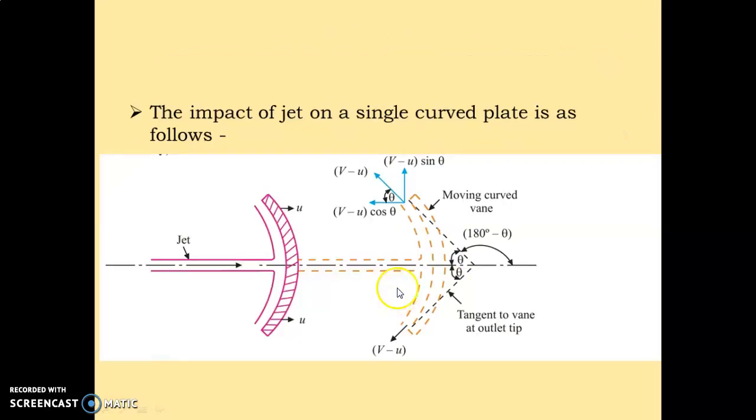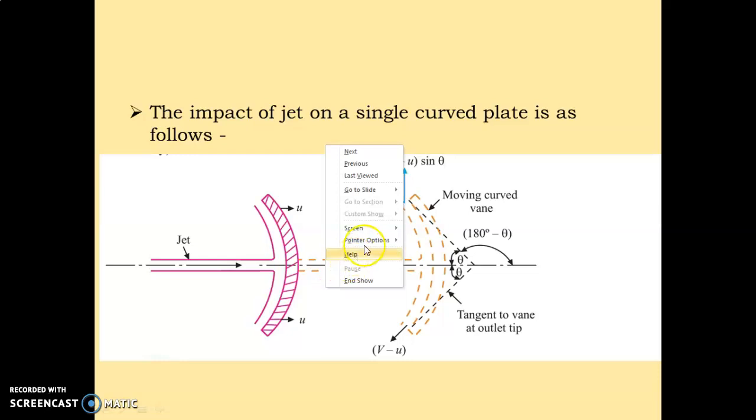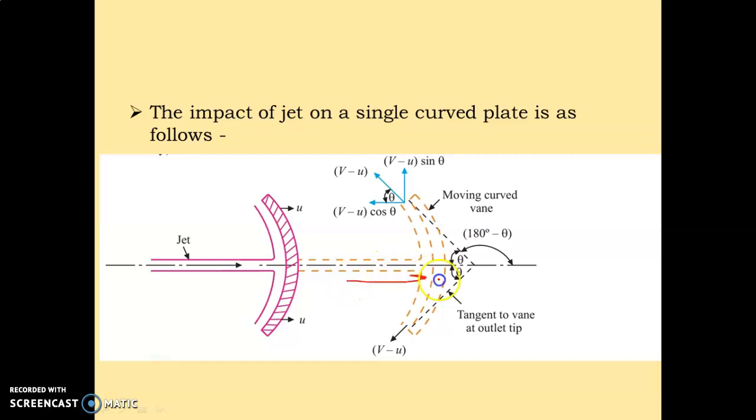Now how is it possible? See, initial velocity with which the jet strikes the plate is v minus u. Now final velocity after the jet strikes the plate is the velocity which comes outside. Now we have to consider the velocity only in the direction of motion.